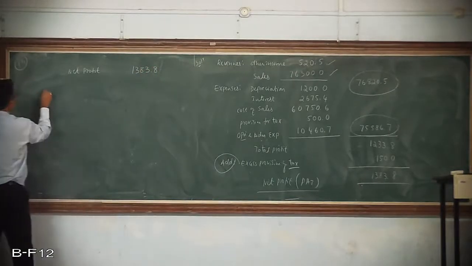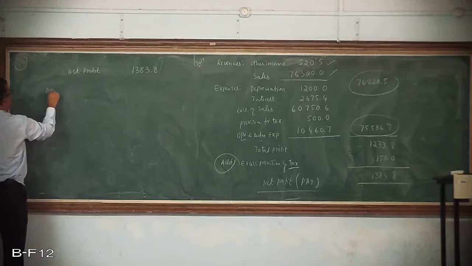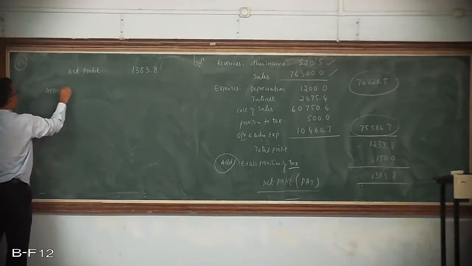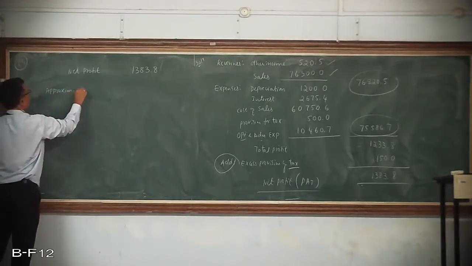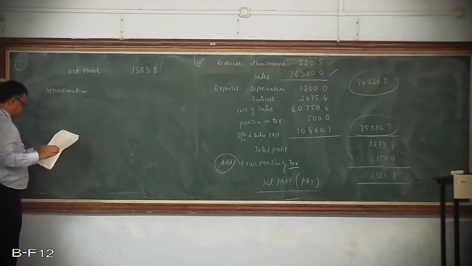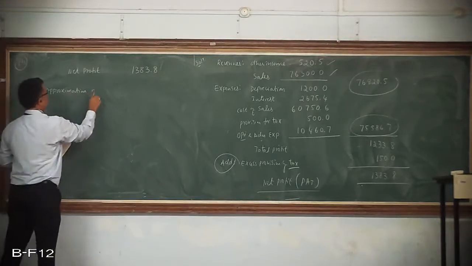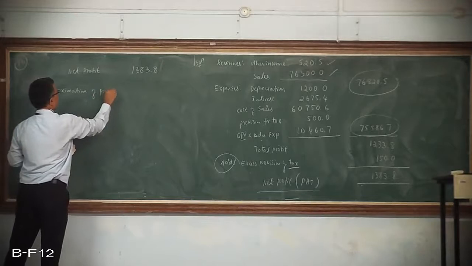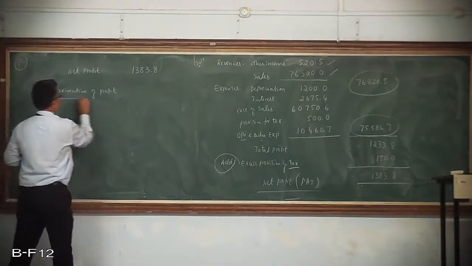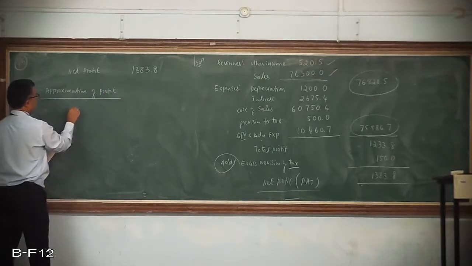Now you have to go for the appropriation of profit. So here, provision for dividend.